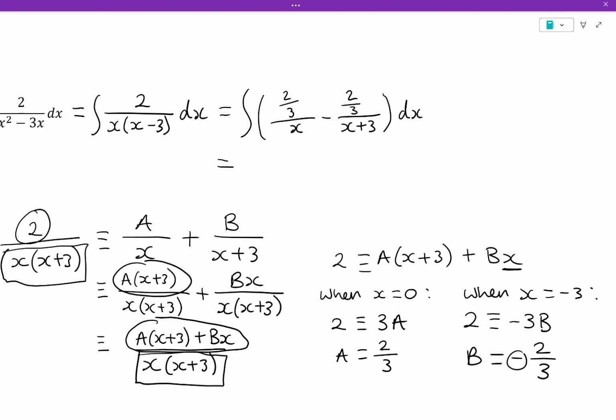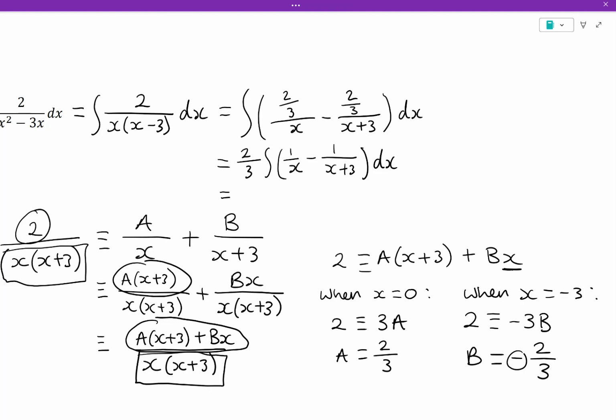Given that 2/3 is common to both numerators, I can factorize it out of the entire integral. So we get 2/3, then our integral symbol, and it will become 1 over x subtract 1 over x plus 3 with respect to x.